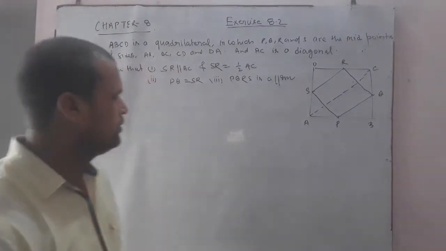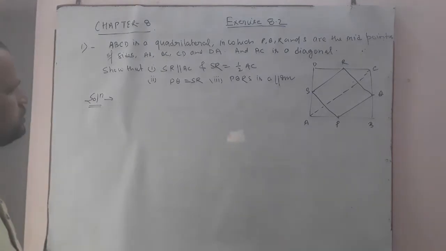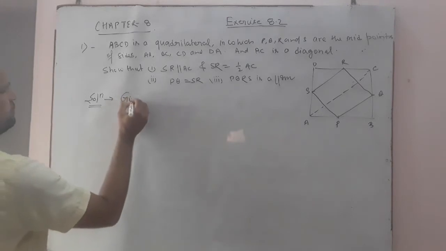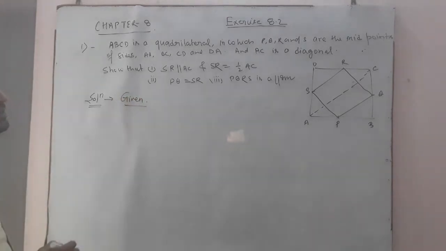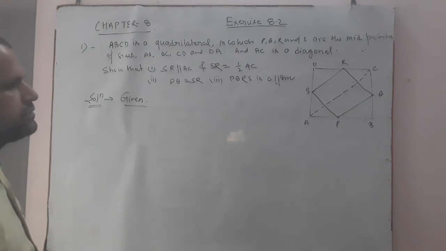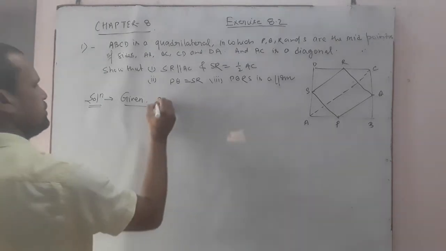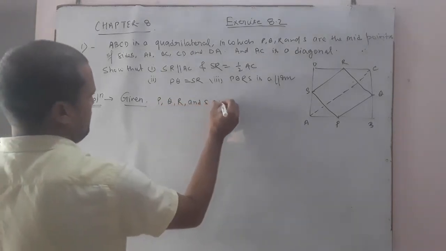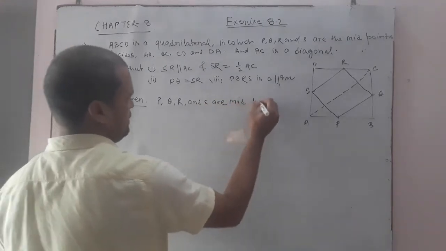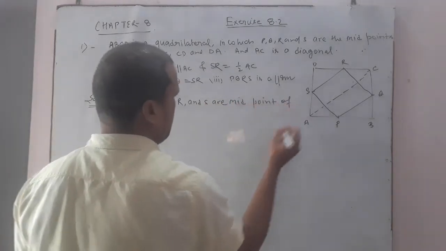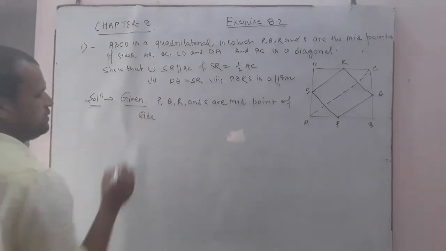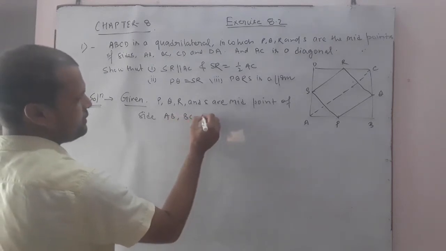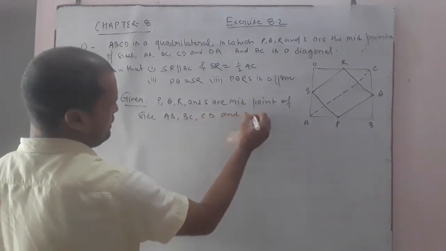To solve this question, first of all write what is given. P, Q, R and S are midpoints of the sides AB, BC, CD and DA.